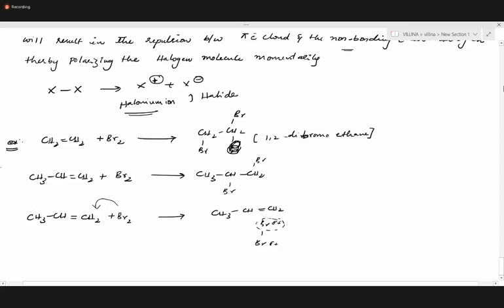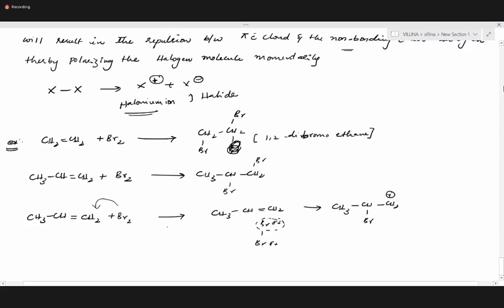So let's just say it got itself attached. CH3, CHBr, and you have CH2 plus. So initially, the bromine that is added to the alkene will be Br plus, the bromine with the positive charge, that is the bromonium ion.